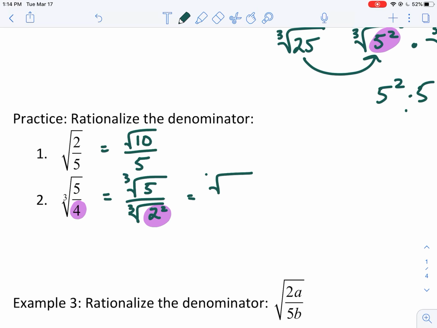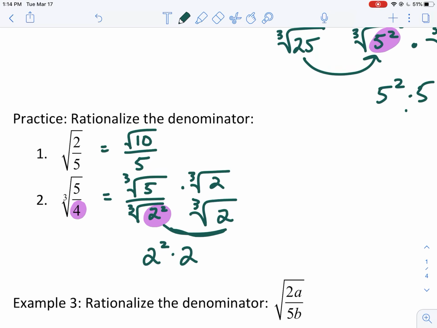And then I have the cubed root of 5 over, all we're going to do here now is multiply the numerator and the denominator by the cubed root of 2, because 2 squared times 2 is 2 to the third, and we want this exponent to be the same as the index.